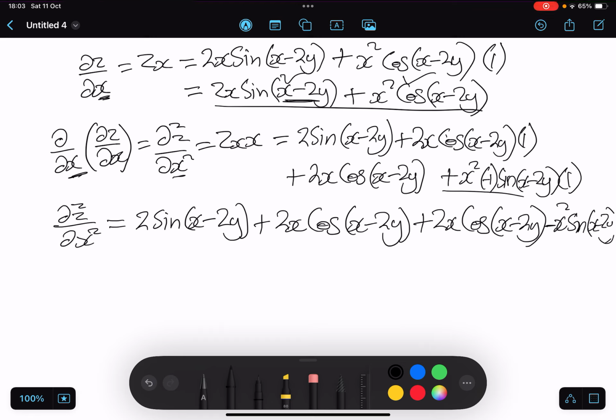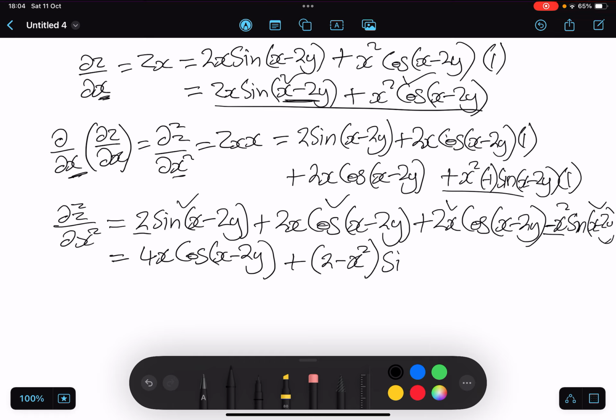Okay, I was running out of space there. So now if you collect like terms here, this and this you add, you are going to get 4x cos(x minus 2y), and then, plus, obviously you have 2 here and you have minus x squared, so you have 2 minus x squared, times sine(x minus 2y).